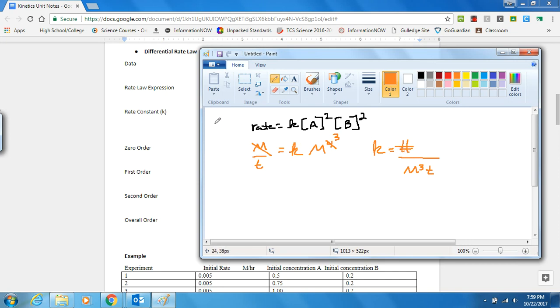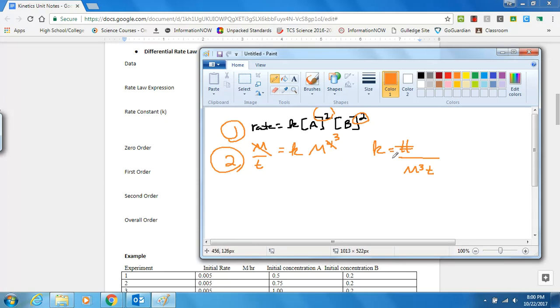Here's another thing you need to know about K. So step 1, how do we find it? We just use algebra. We plug in rate, and we plug in concentrations. We need to know those orders beforehand, and we just use algebra to solve for K. Step 2, how do we find the units for K? Well, we use the overall order, and we eliminate one of those.